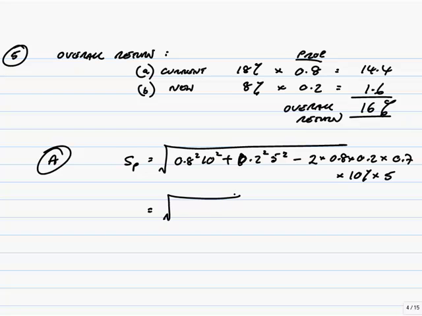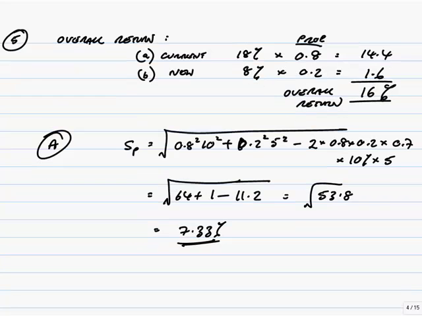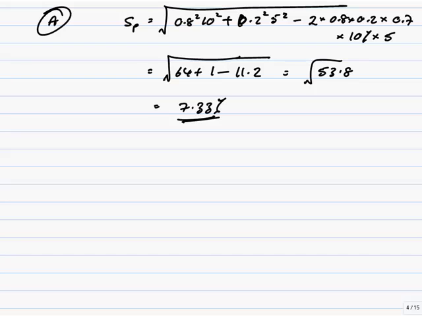So it's the square root of 64 plus 1 minus 11.2, which is 7.33. So if we decide to invest in A, we'll end up with overall risk of 7.33%.